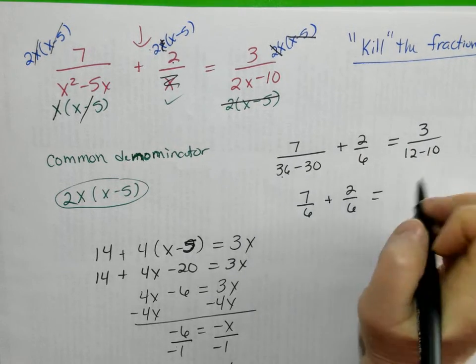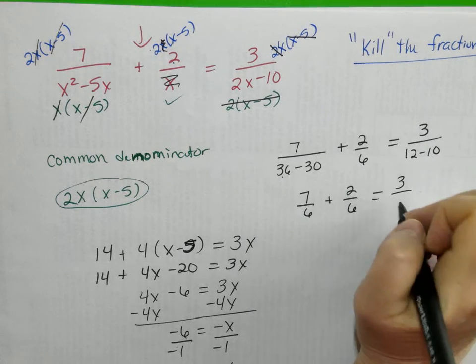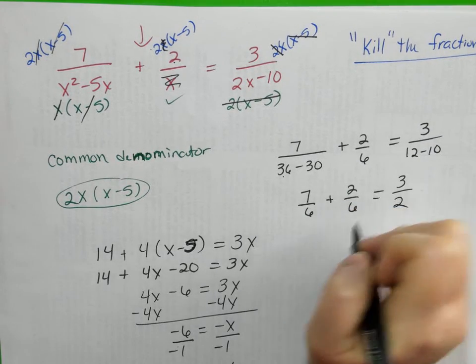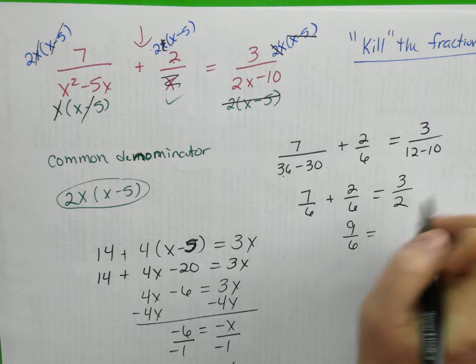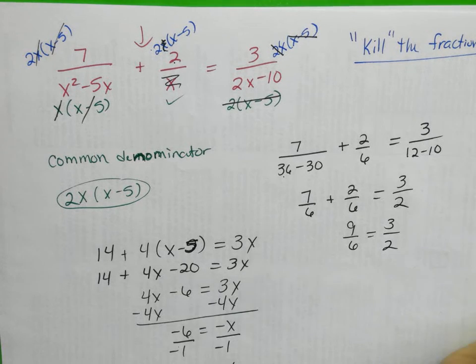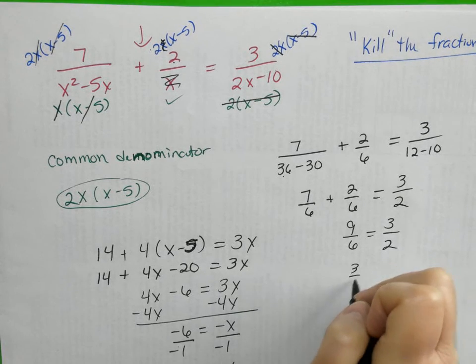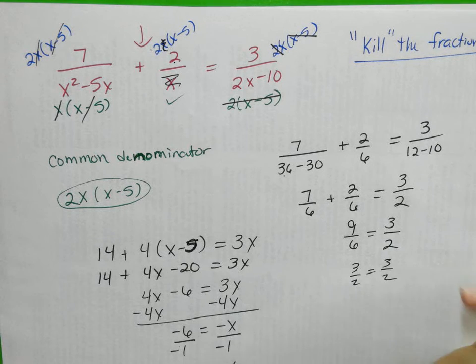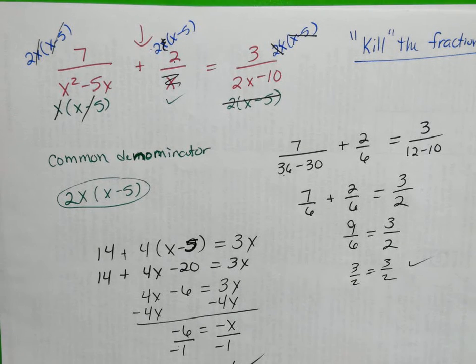Does that equal 3 over 2? That's 9 over 6. Does that equal 3 over 2? It sure does. So we are good. Everything checks out. So x is 6. Remember, we have to check our answers because we're working with fractions, and fractions sometimes cause a problem. So be very careful here.